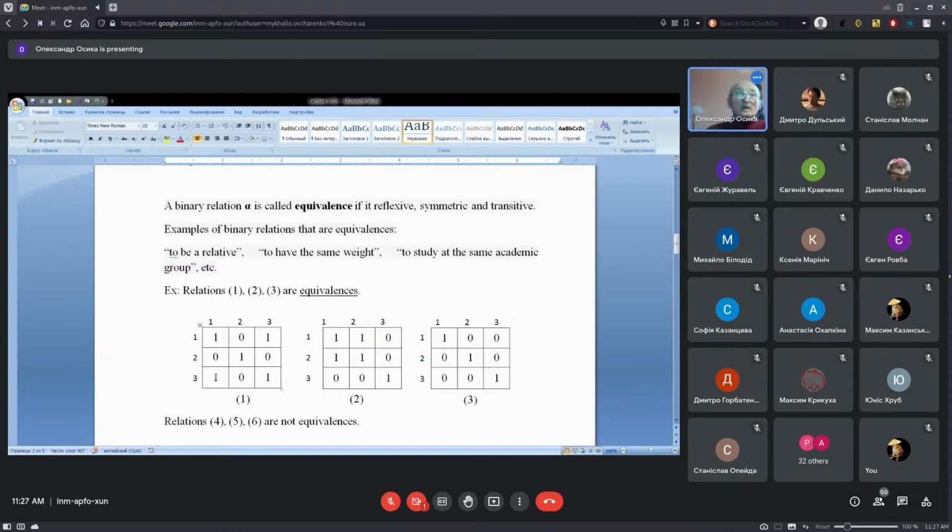Yes, it is true. Person 3 is a relative to person 1. In this case, person 1 must be a relative to person 3 for this relation to be symmetrical and so to be transitive.